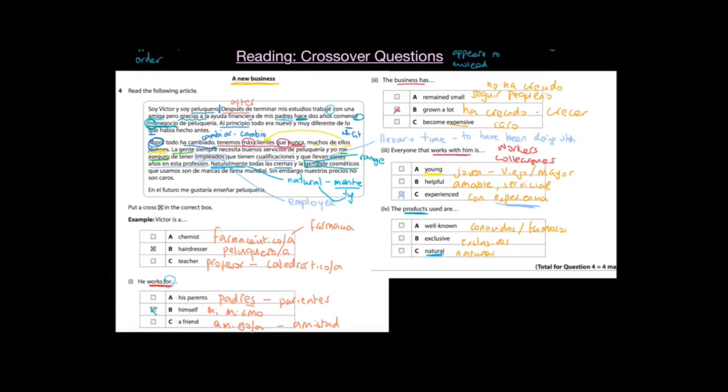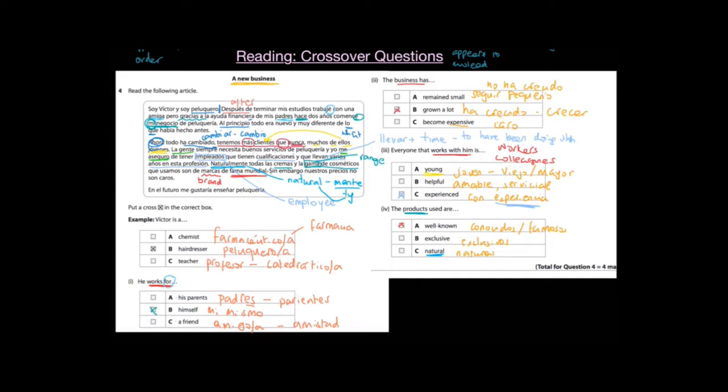So todas las cremas y la gama de cosméticos que usamos, that we use, son de marcas de fama mundial. And we've got here fama mundial, worldwide reputation, worldwide fame. Remember the word marca, brand. Brand is marca. And if these are de fama mundial, what they are is well known.